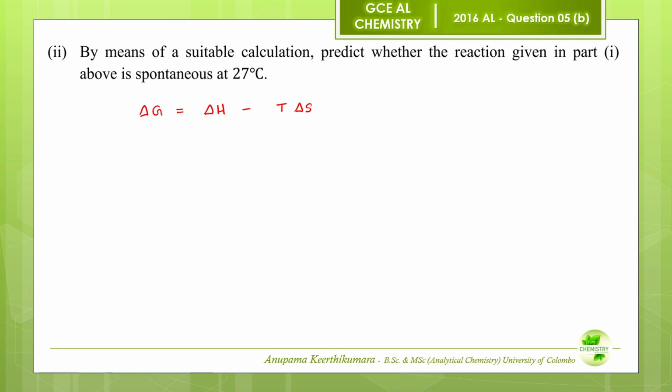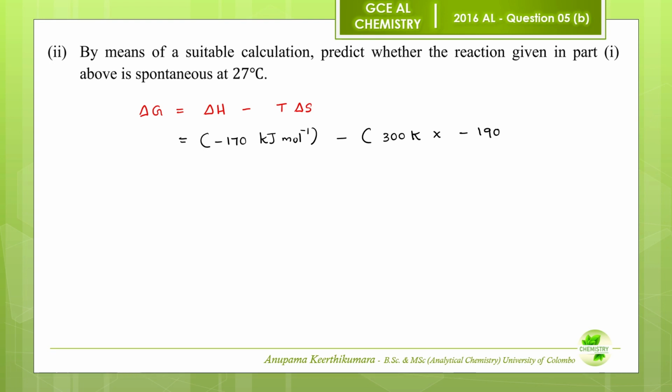Now, substitute values for this equation. Enthalpy change is negative 170 kilojoules per mole minus temperature is 300 Kelvin times entropy change is negative 190 joules per Kelvin per mole.